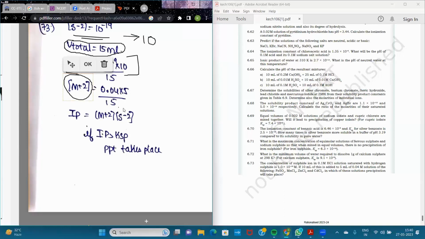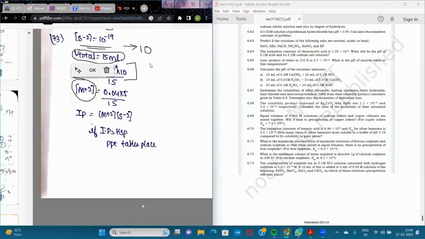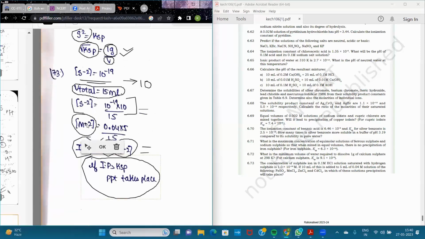If we find it for 15 ml, we'll get the respective concentrations of S minus 2 and M plus 2. If we find the ionic product, that is M plus 2 into S minus 2, we'll get some value. If that value exceeds the KSP of the given salt, then precipitation takes place. If not, precipitation will not take place.